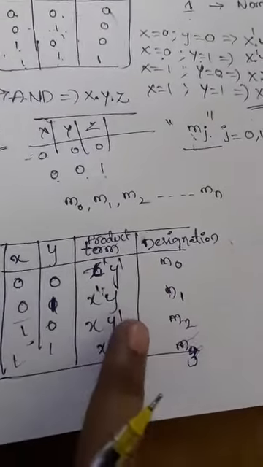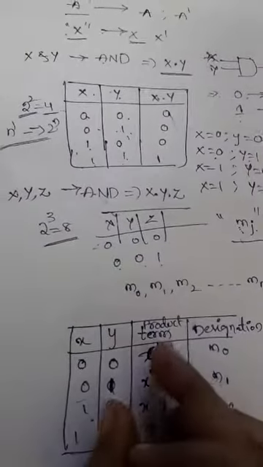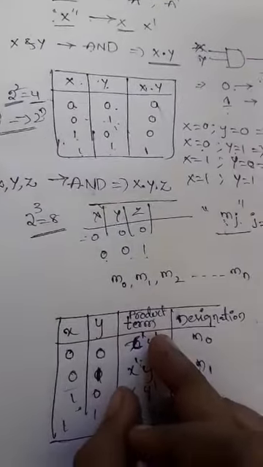Remember the point: the normal variable is represented as 1, and the complement variable is represented as 0. That is the main concept in minterm. If you are taking 3 input variables, we go for the same procedure, but one more input is extra, x y z.